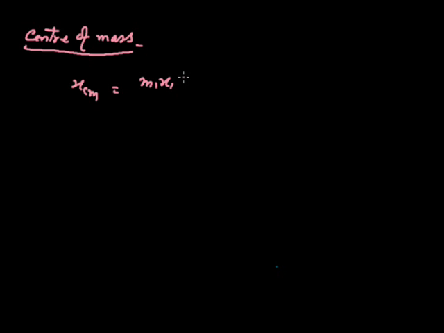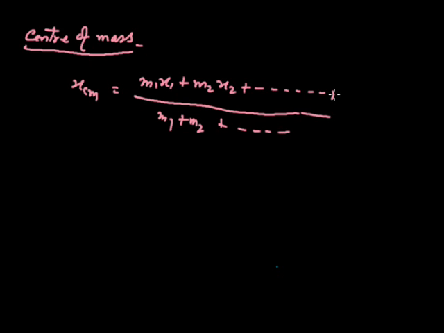In the previous lecture, the center of mass formula was: the x coordinate of center of mass is m1 x1 plus m2 x2 and so on, up to mn xn, divided by m1 plus m2 up to plus mn.